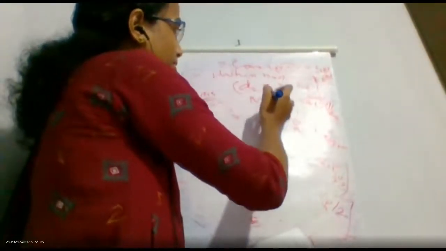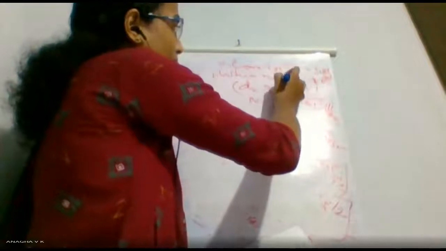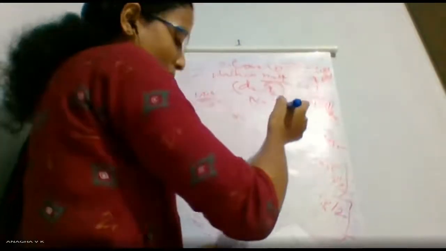So n is equal to 1 and capital N is equal to 4.